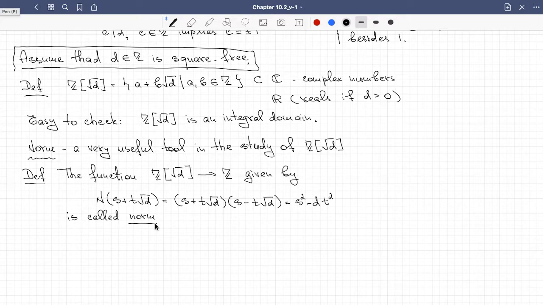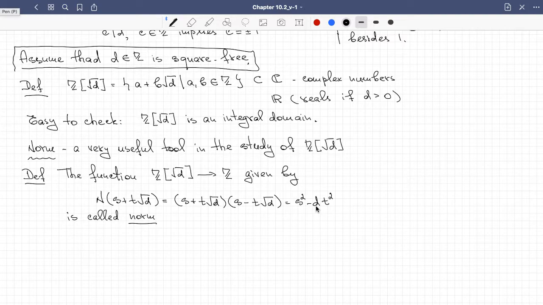Clearly, when d is negative, the image of this function belongs to non-negative integers, while when d is positive, the image belongs to all integers. Norms may be positive or negative. I just stress that d may be positive or negative.